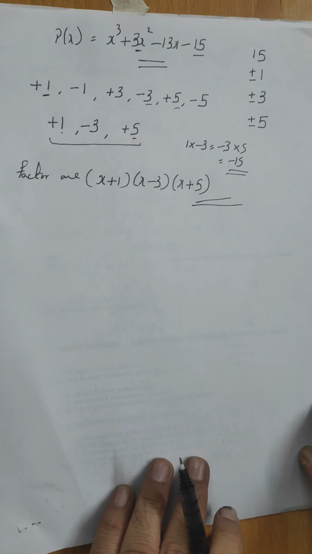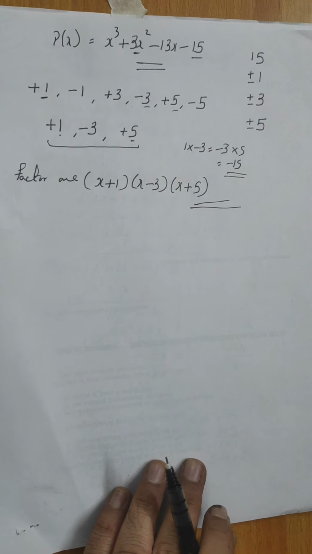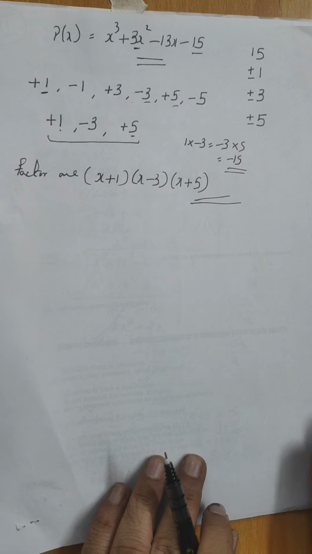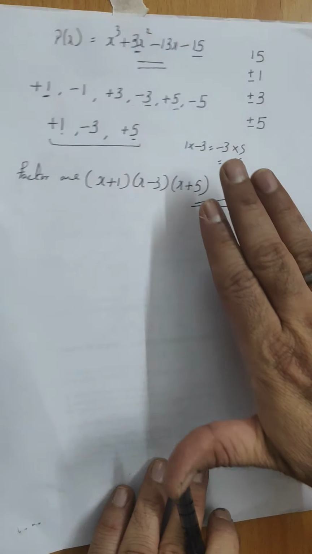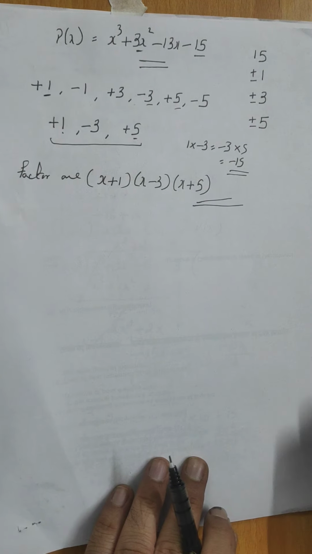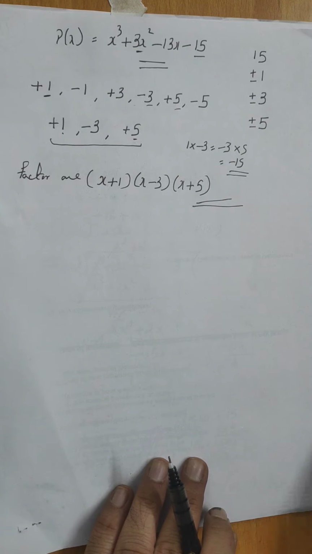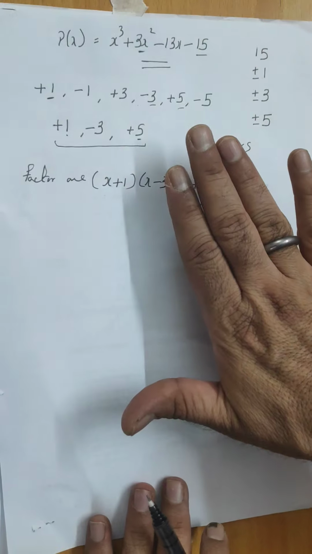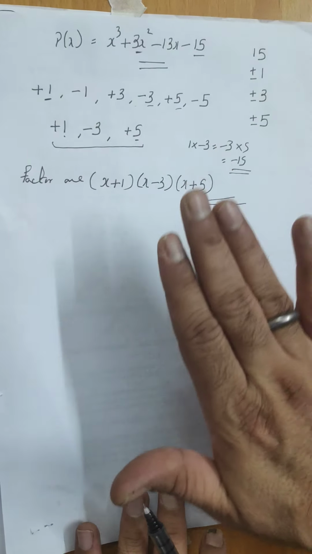Clear? When this type of question comes in the exam, obviously this question will carry 4 marks, and if you follow this method you will not get 4 marks, so you have to go for the long method only, but with this at least you will come to know what the real factors are.